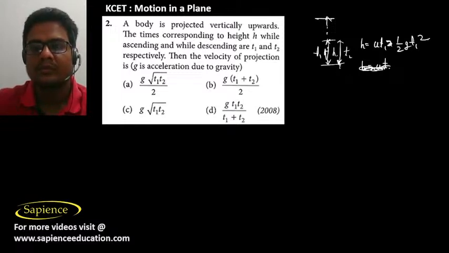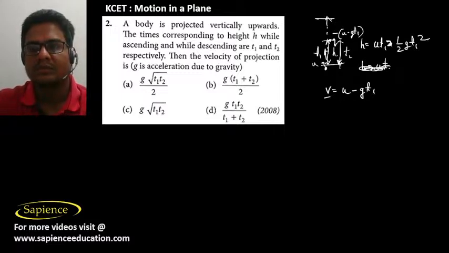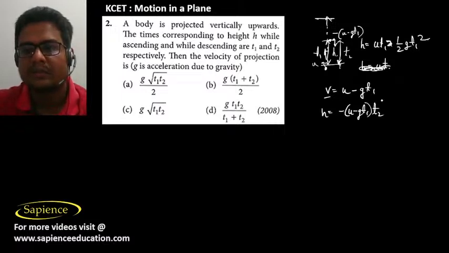So here the final velocity will be v equal to u, it is thrown with the initial velocity u, so it is u minus g into t1. While returning back also the same final velocity will come, but in the opposite sense. So it will be minus of u minus gt1. So this will be h, that is equal to minus of u minus gt1 into t2.